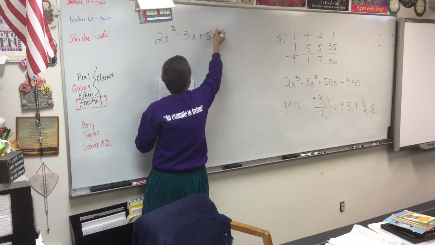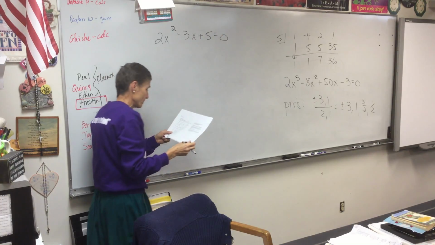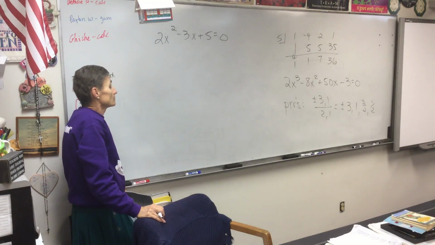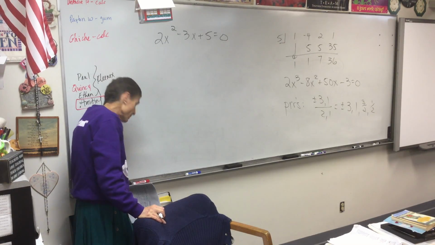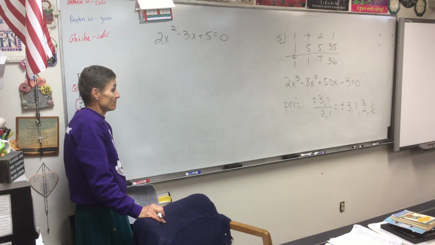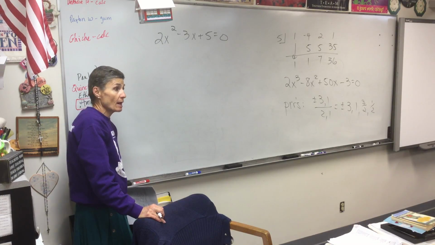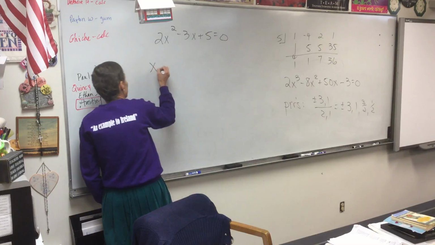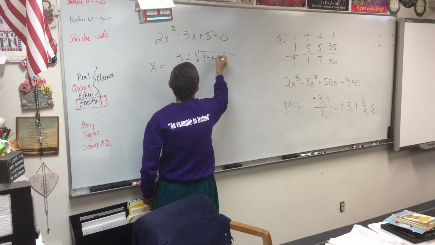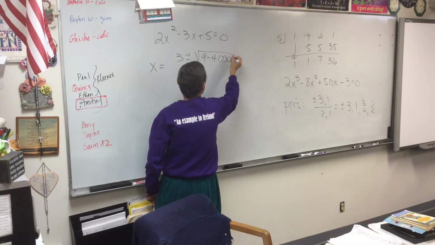There are a lot of solve equations here, and there's the first one. Ideas about solving? If it factors, factoring is an option. I don't think it factors, so we'll use the quadratic formula. X equals negative b plus or minus the square root of b squared minus 4ac.